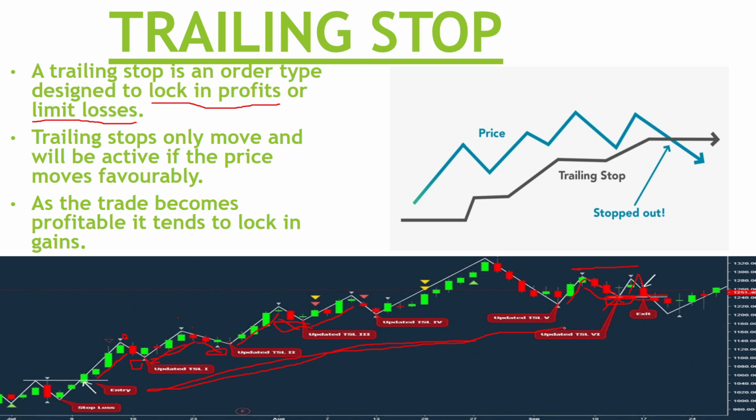It helps you to lock in profit as the trade moves in your favor, and also to limit loss. I think using trailing stop is when you know you will not be on the chart to monitor the trade.